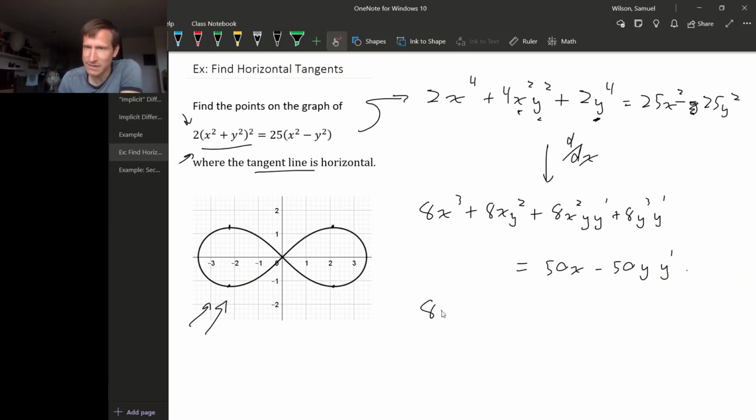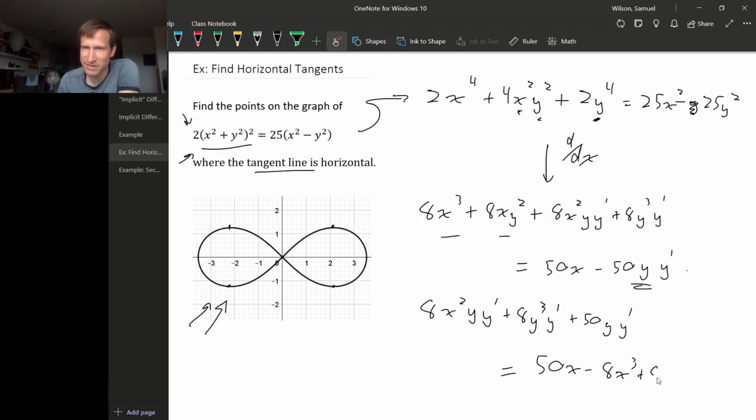So 8x squared y prime plus 8y cubed y prime, and then this term needs to come over, so plus 50y prime equals, now these two terms have to go over, so 50x minus 8x cubed plus 8xy squared.